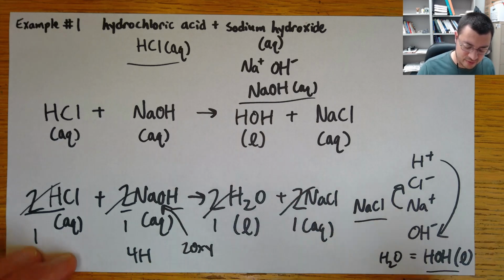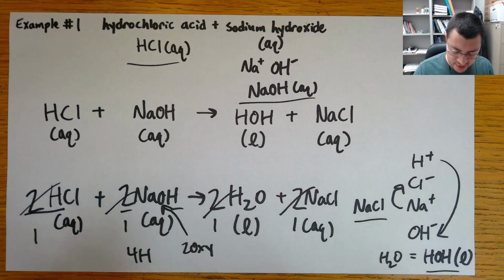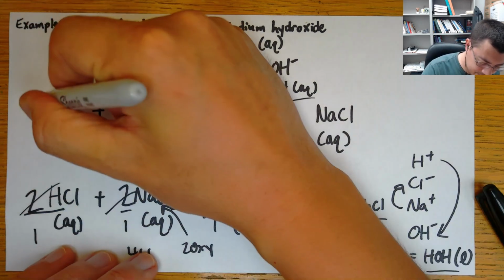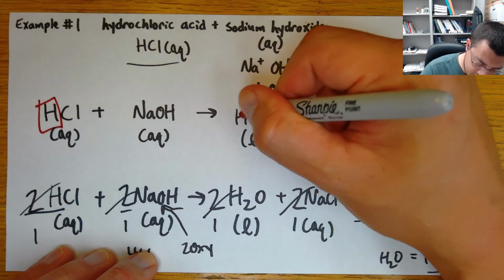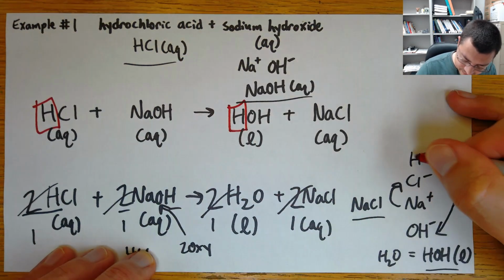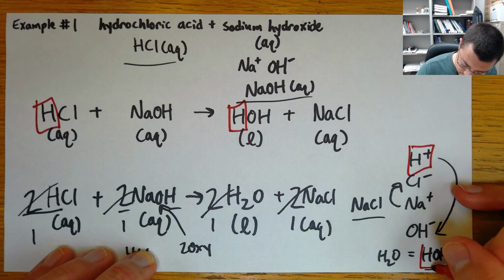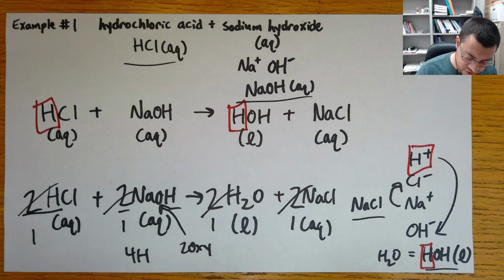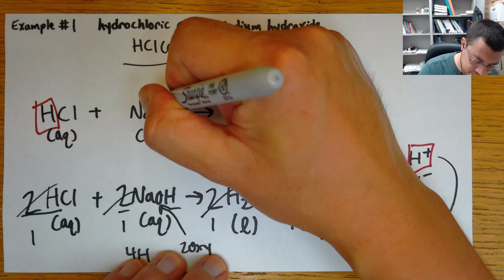Let me show this another way. And how I like to do this is with colors. So I'm going to use red boxes for all of my H pluses. And I will use blue circles for all of my OH minuses.